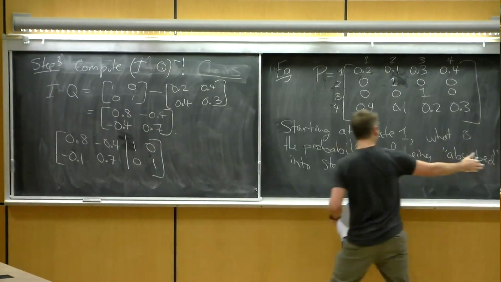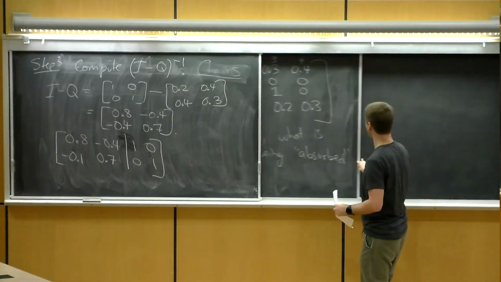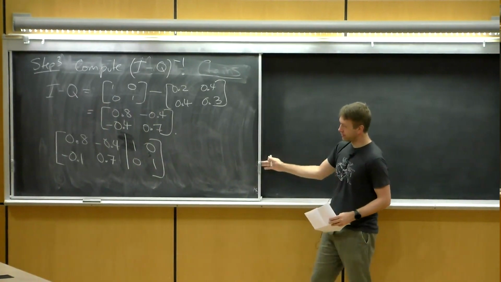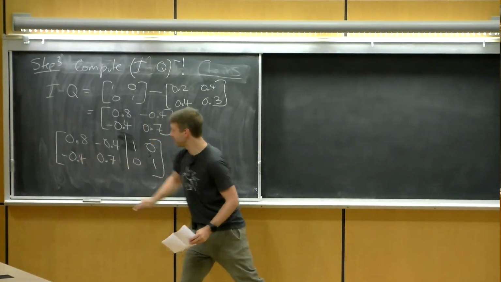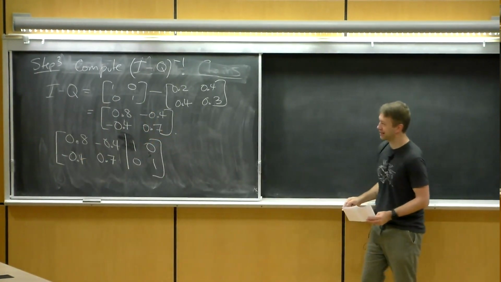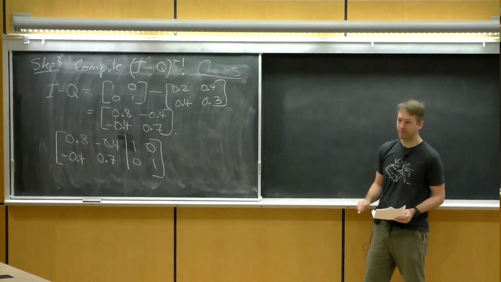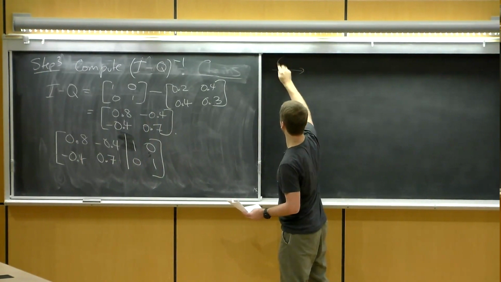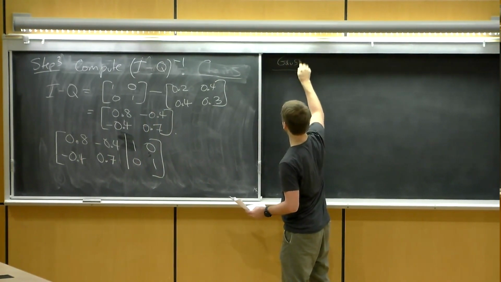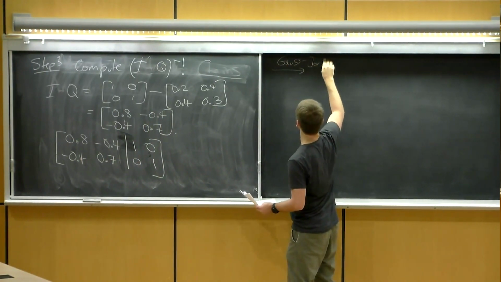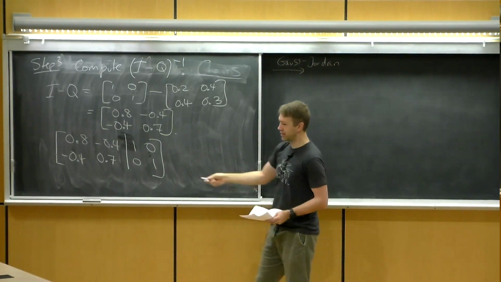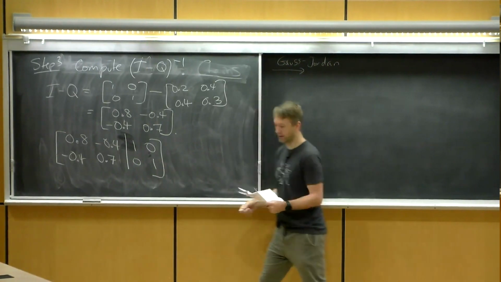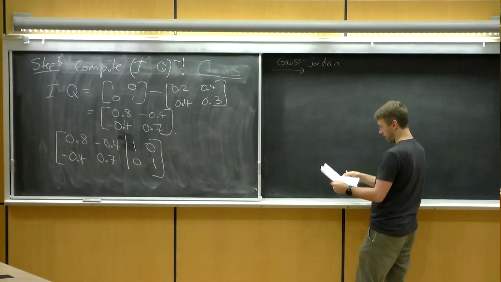But yeah, you guys have done a lot of Gauss-Jordan by now. So maybe I'll skip this because we are a little bit short on time. I'll just say we do Gauss-Jordan. I mean, this is only a 2 by 2. Probably you guys could work that out.